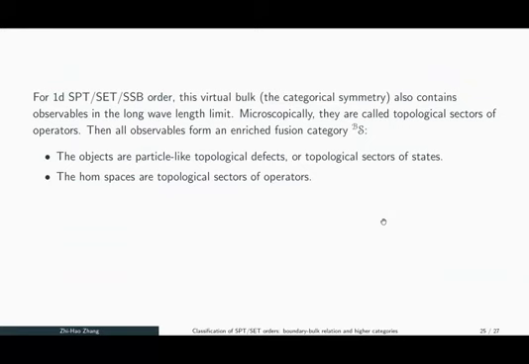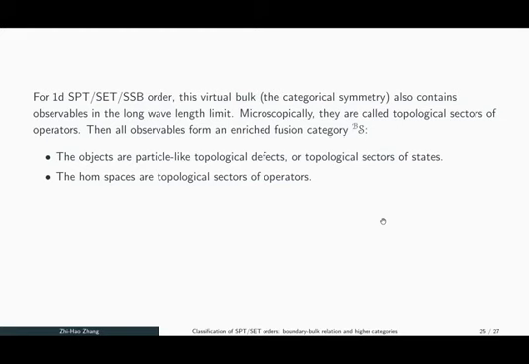For 1D SPT or SET or spontaneous symmetry breaking orders, this virtual bulk also contains observables in the long wavelength limit. Microscopically, they are called topological sectors or operators. Then just in the 1D phase, we find all observables form an enriched fusion category.